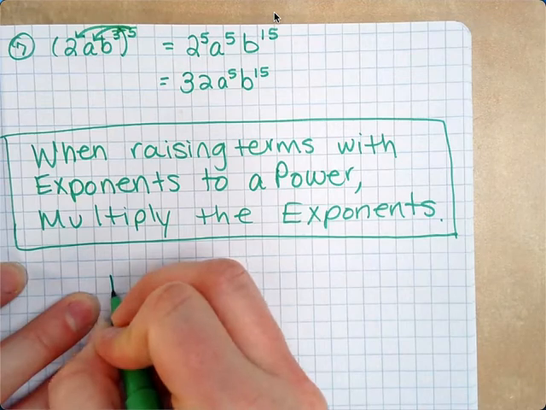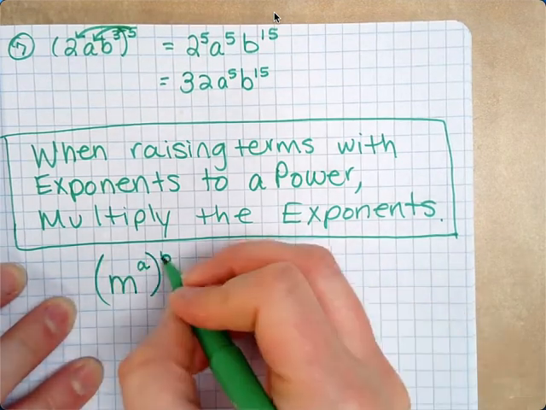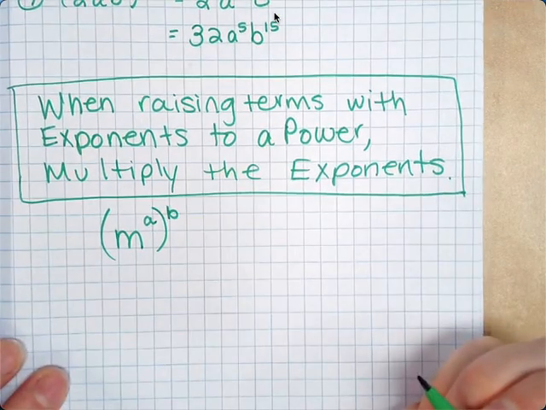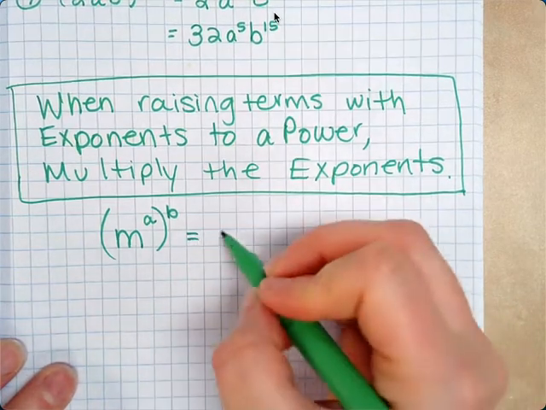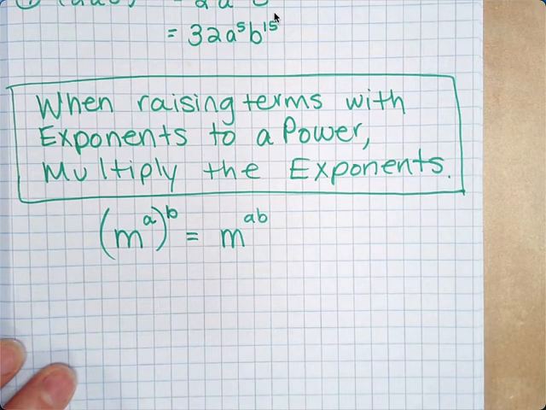So the way we could write this is m to the a to the b equals m to the a times b.